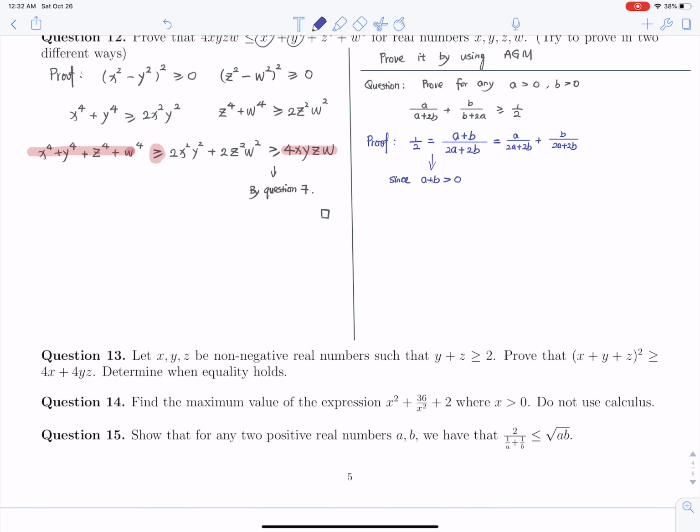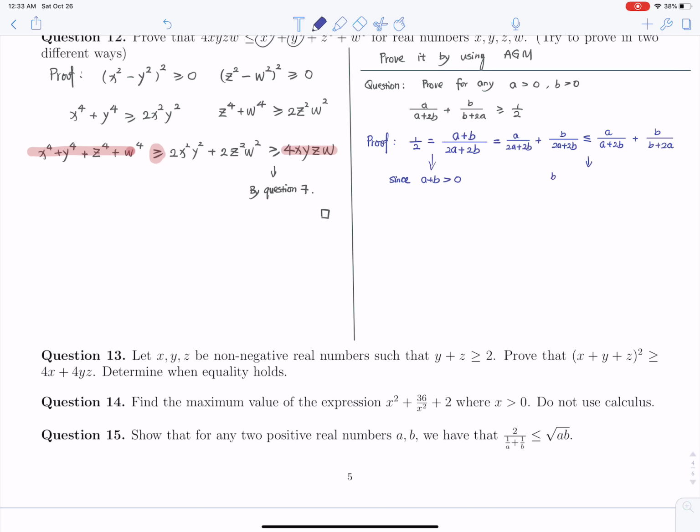Now I'm claiming that this whole thing is smaller than or equal to A over A plus 2B plus B over B plus 2A. Why is that?